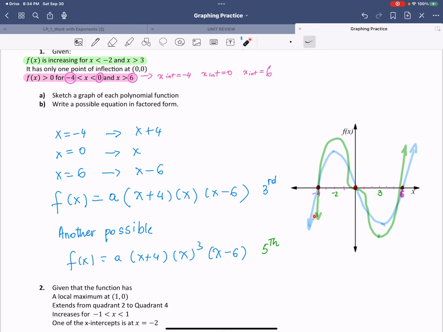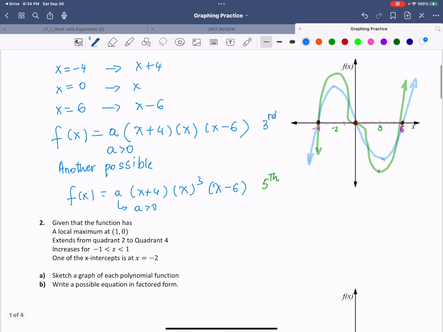And that tells us that the leading coefficient of this odd degree polynomial function that extends from quadrant 3 to quadrant 1 has to be positive. So if that was a question on the test asking what would be the leading coefficient, this is how you would explain it.